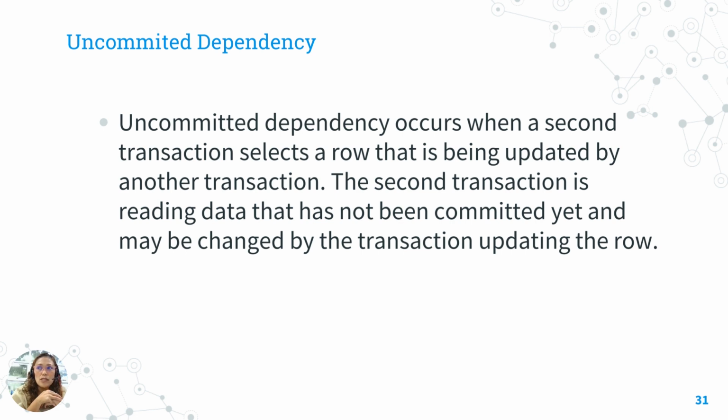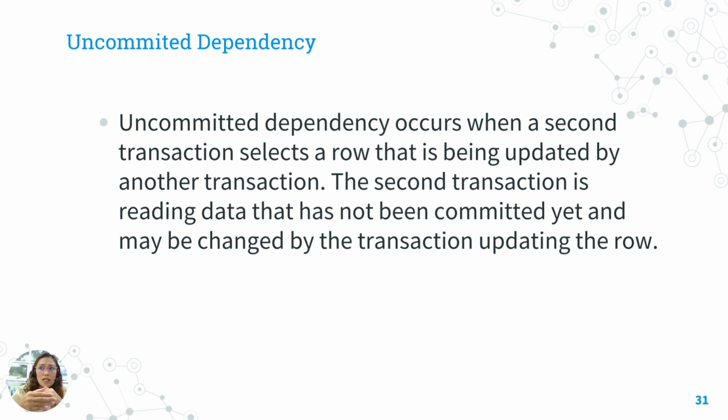So when you say uncommitted dependency or inconsistency problems, we have two transactions accessing the same data item. Transaction one is trying to update the data item, and the uncommitted update has been accessed by transaction two. That uncommitted update by transaction one can still be changed since it's uncommitted.